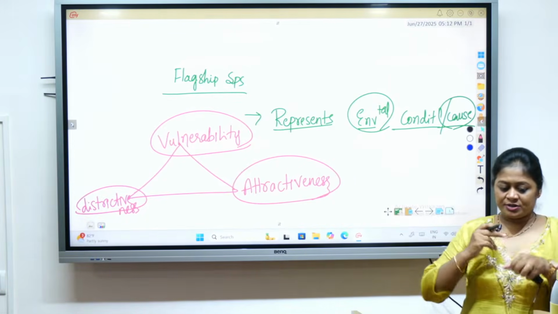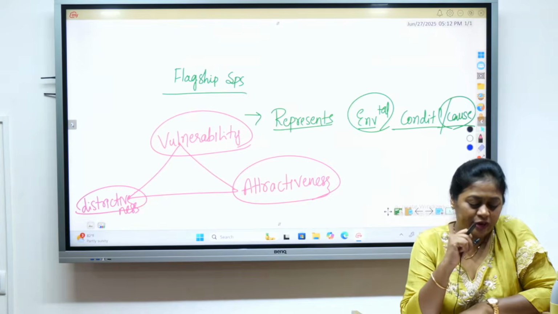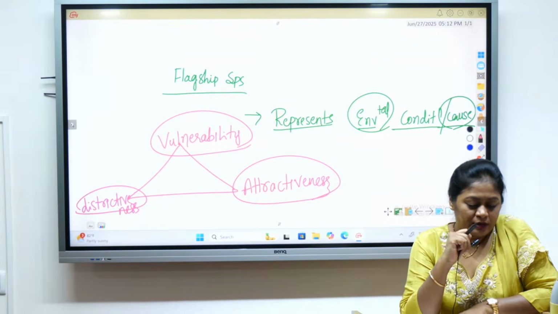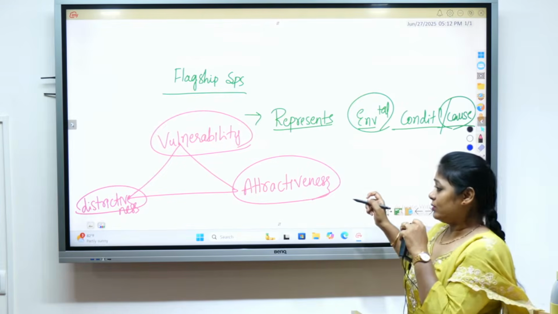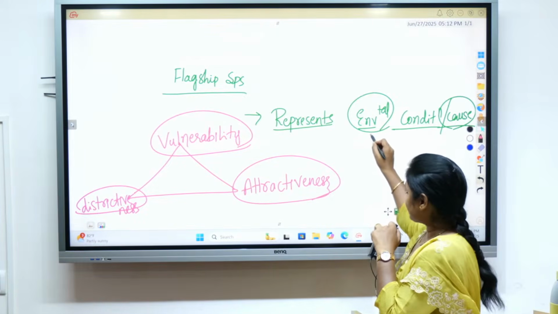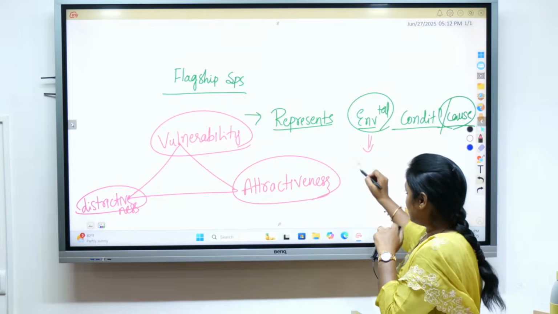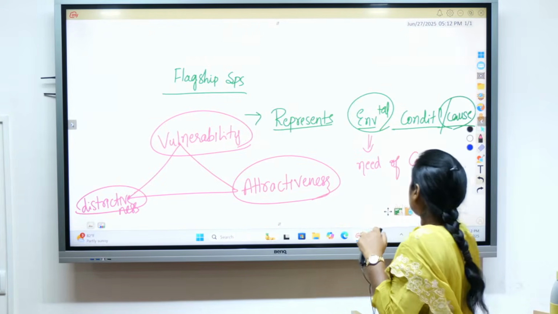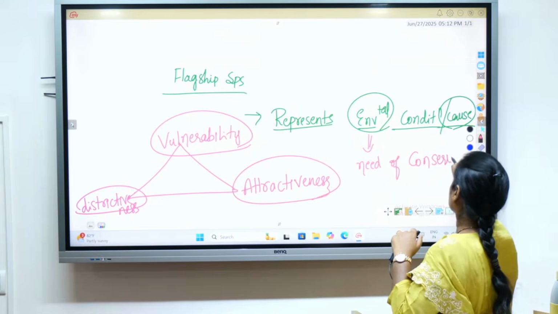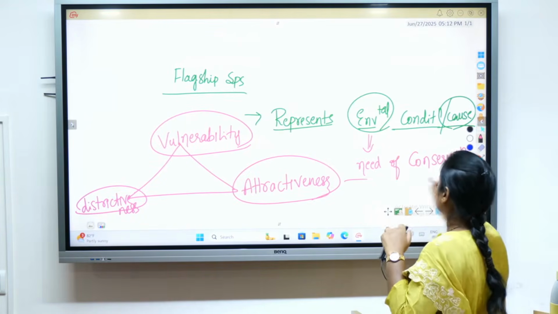Flagship species represent an environmental cause in an ecosystem, which emphasizes the need for conservation.